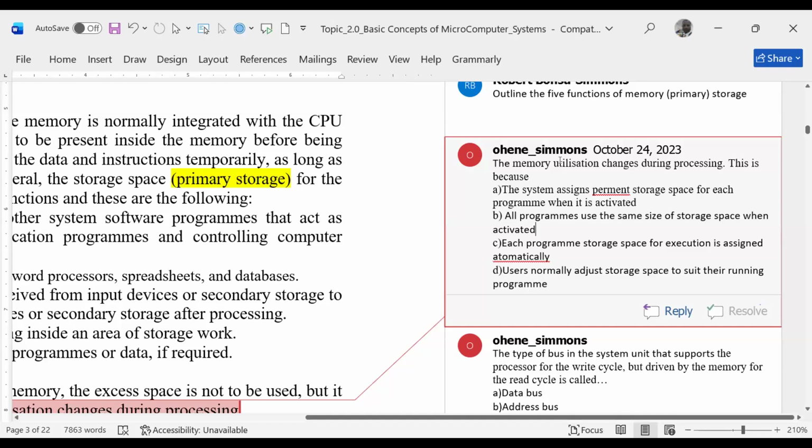Okay, the reason why I chose A is because one of the basic functions of the CPU, or the storage, is to store program instructions.